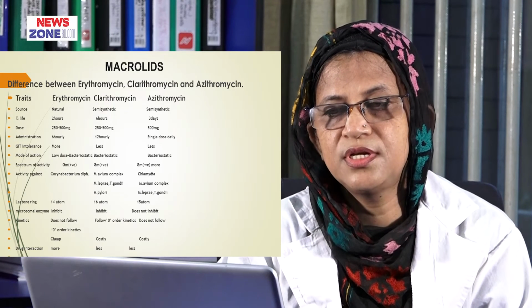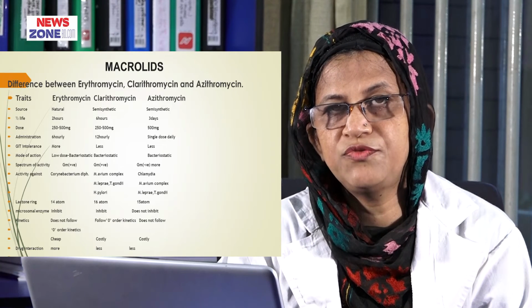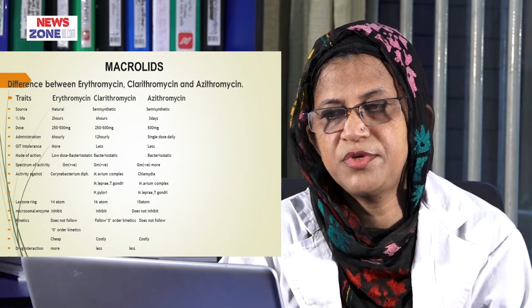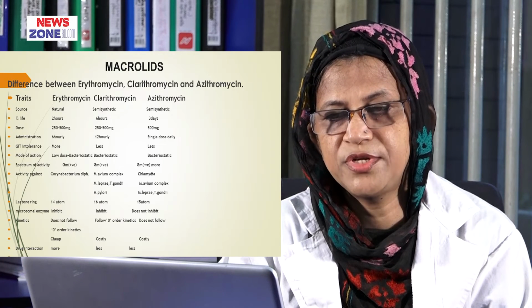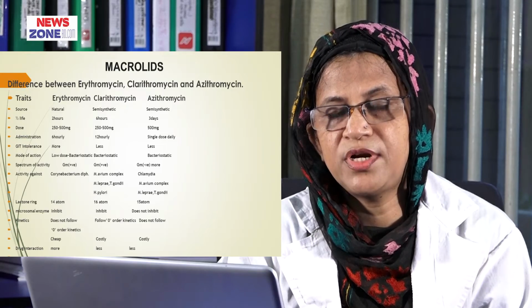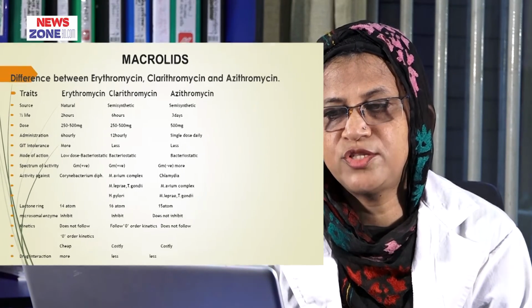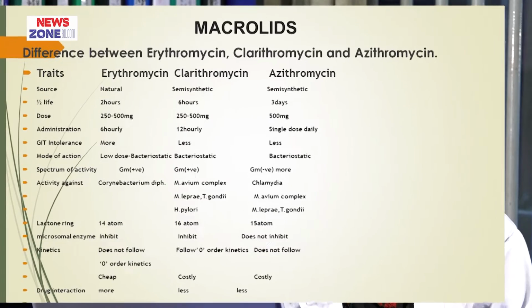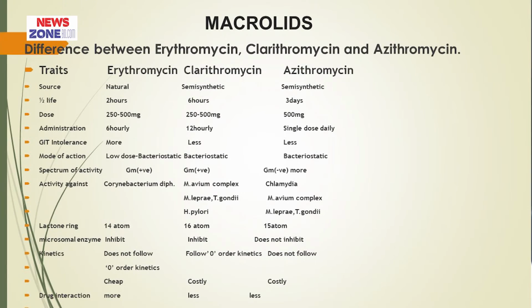The dose of erythromycin is 250 to 500 mg, clarithromycin is 250 to 500 mg and azithromycin is 500 mg. Administration is 6 hourly for erythromycin, 12 hourly for clarithromycin and single dose daily for azithromycin. GIT intolerance is more in case of erythromycin and less in case of clarithromycin and azithromycin.